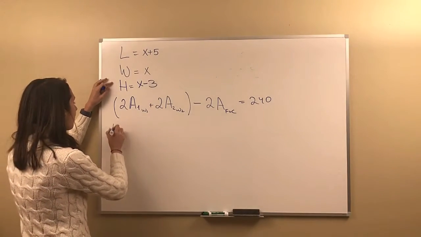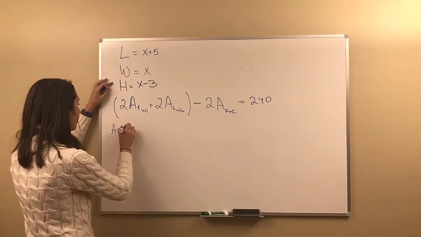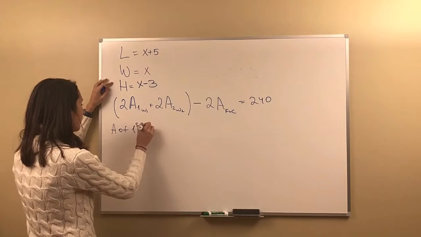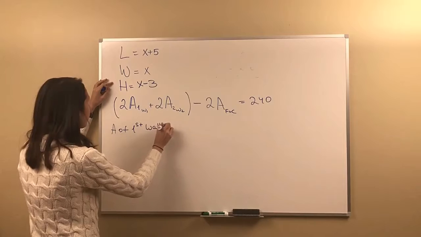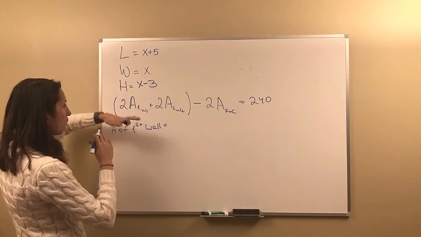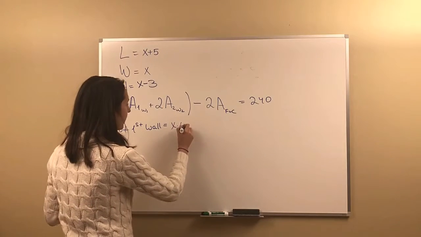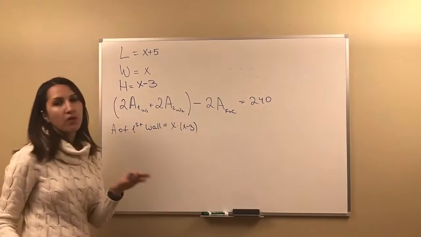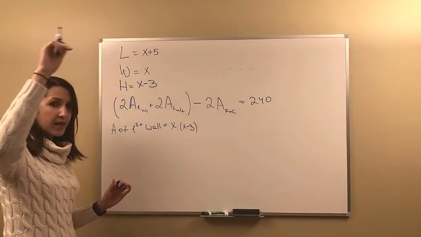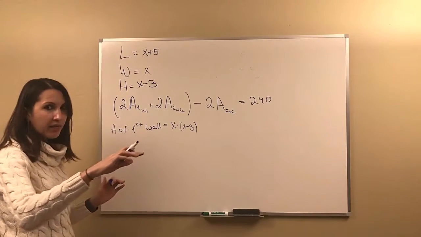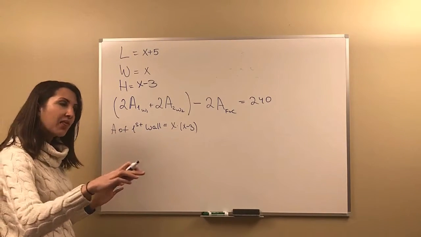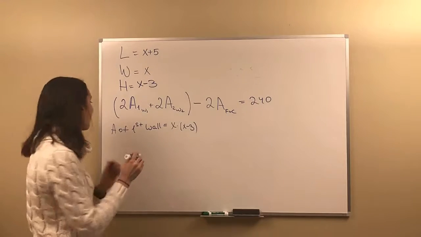So area of the first wall will be, again, width x times height, x minus 3. And we have 2 of those. So for the second wall, our width will be a length. I hope I don't confuse you guys.